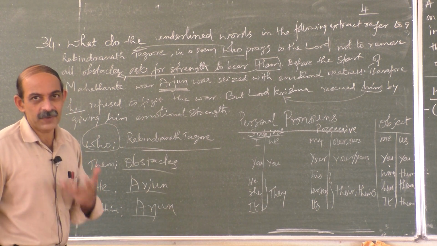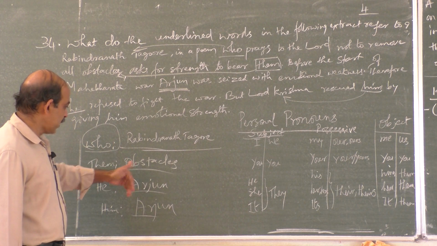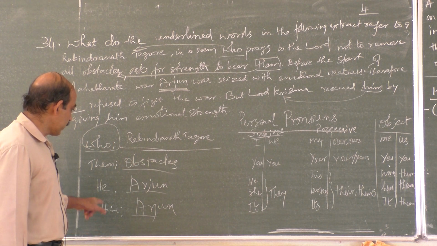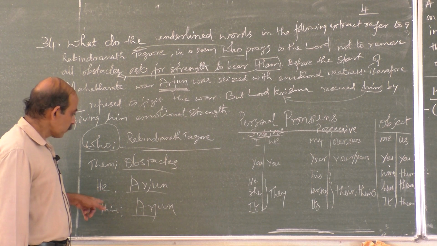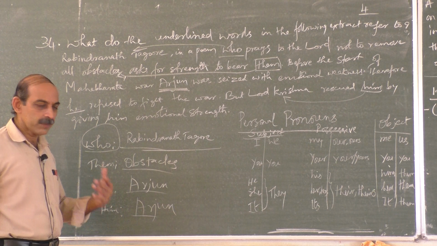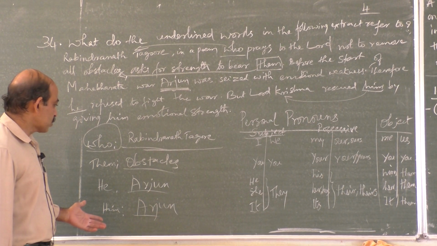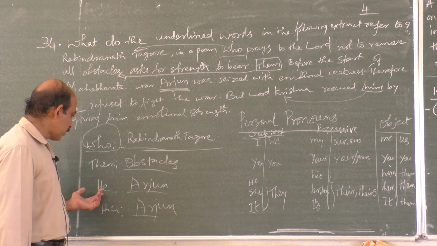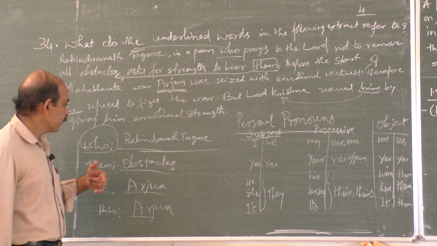Some students may have a confusion that how is it possible both the pronouns have the same answer, the noun Arjun, because this is subjective case, this is objective case, and the same noun or the same pronoun can be referred to in different ways. The same noun has been referred to with the 2 pronouns, one subjective and the other objective.